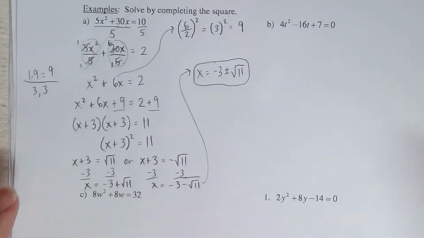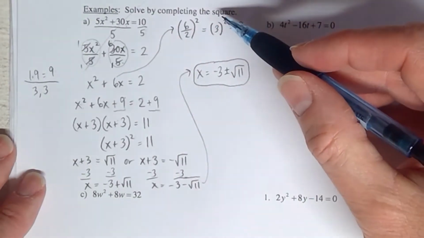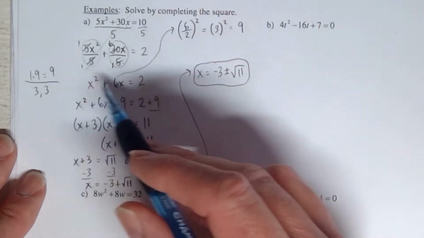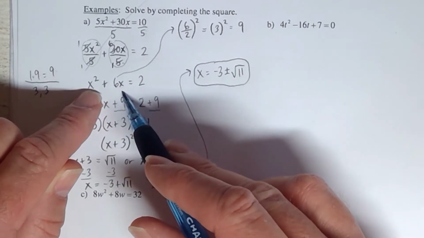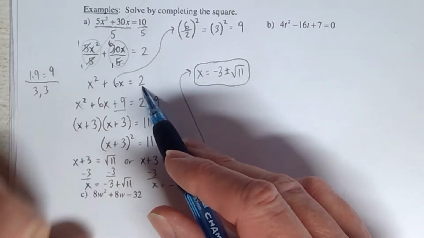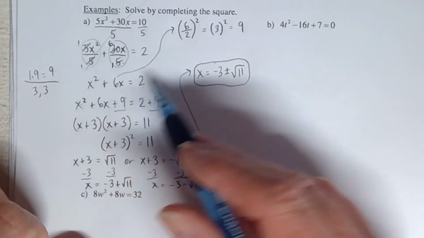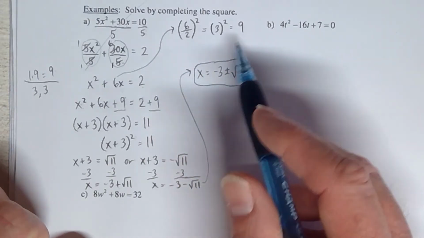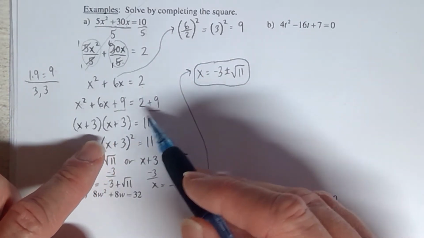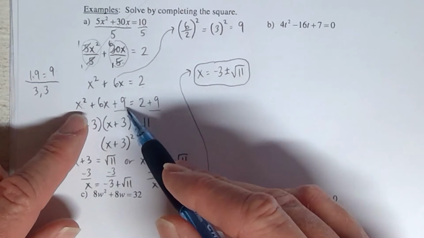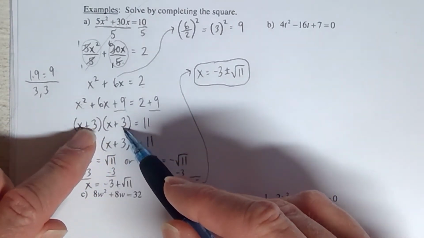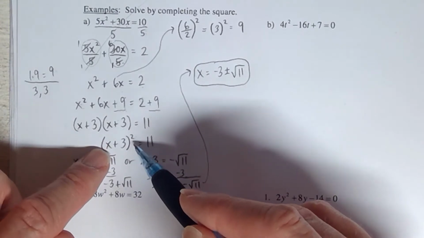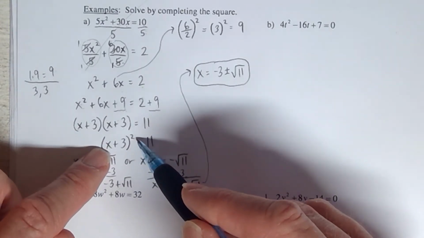So, 3 major steps to the completing the square technique. You first of all have to get it in this form, where the x terms are on one side in this order and the term without the variable is on the other side. You then do this thing right here, add it to both sides so that when you factor this part, you get the same 2 brackets and can write it like this with the exponent 2.